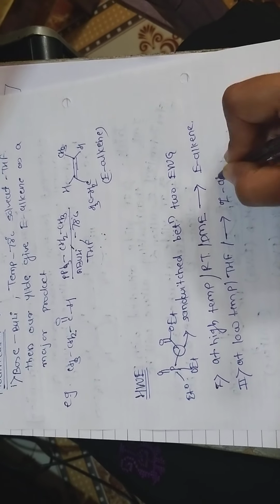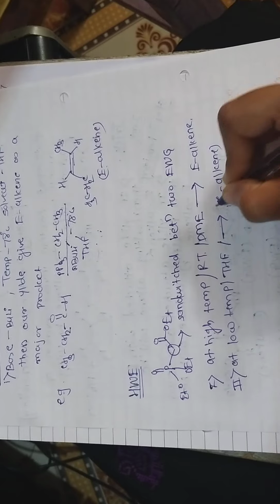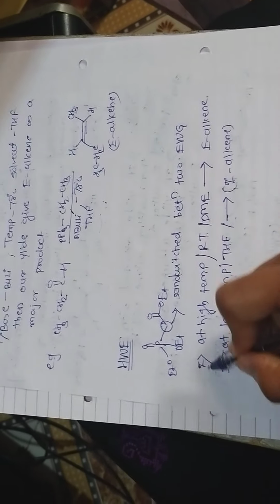And second condition, at low temperature, in presence of THF as a solvent, we get Z-alkene as a major product. We have to remember these conditions at high temperature and at low temperature.